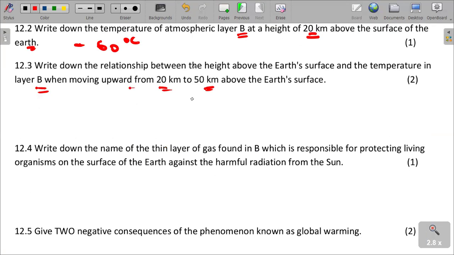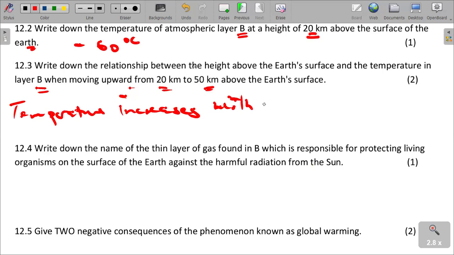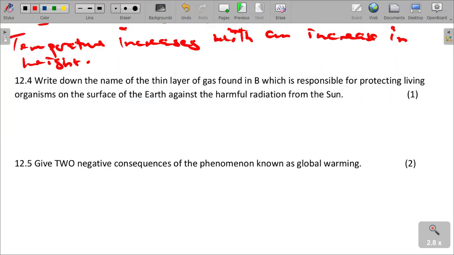Temperature increases with an increase in height.